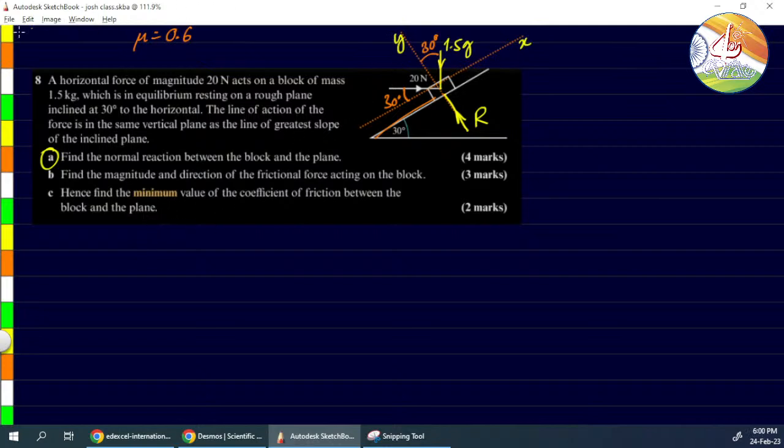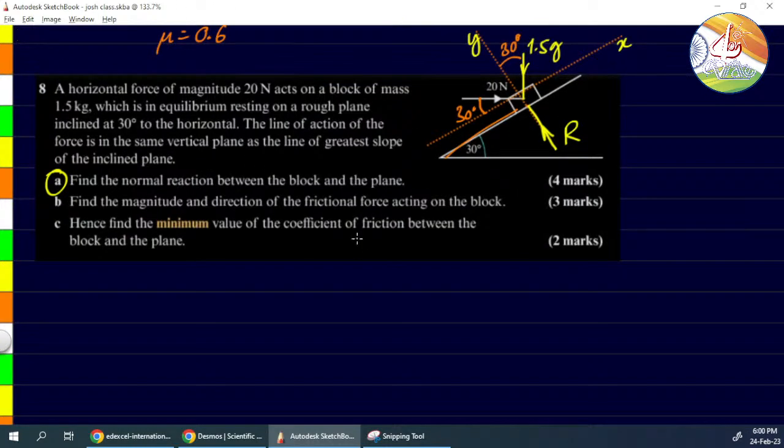Now because we are interested in finding normal reaction, we have to take sigma y. So take sigma y, R is acting upwards. And what other components? Tell me one by one. So 1.5 g cos 30, good.